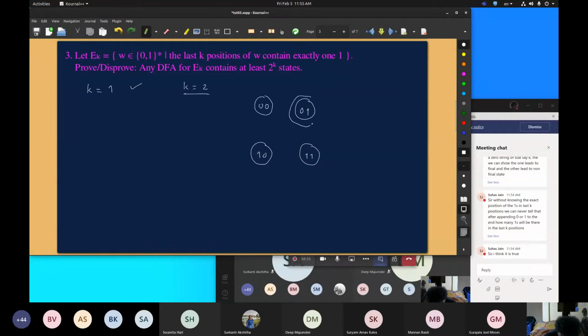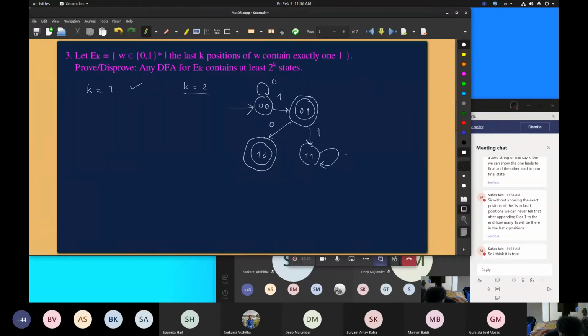This is read 0, stay here. If you read 1, you come here. If you read 0, you go here. If you read 1, you come here.